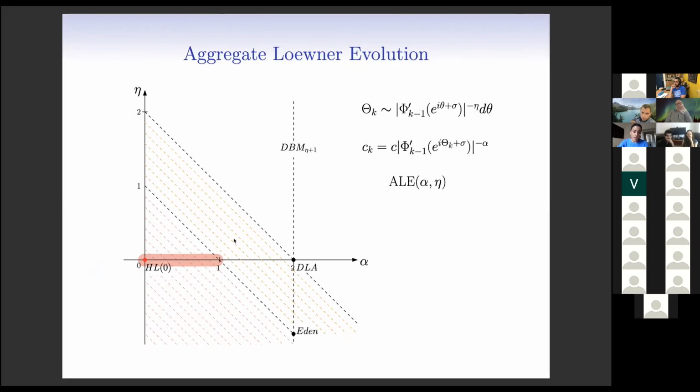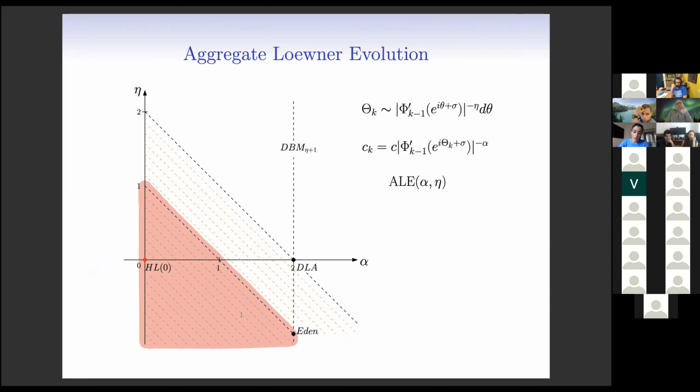This is the region that we proved to have deterministic shape limit and Gaussian fluctuations with James and Amanda for Hastings-Levitov models. In fact, we also proved that the same behavior holds for this entire infinite region. So you can move along this dotted line and you get similar behavior apart from time rescaling in the fluctuations.